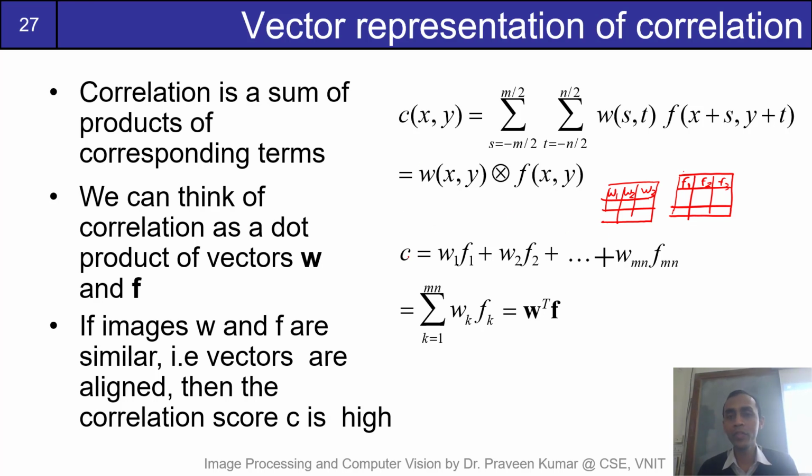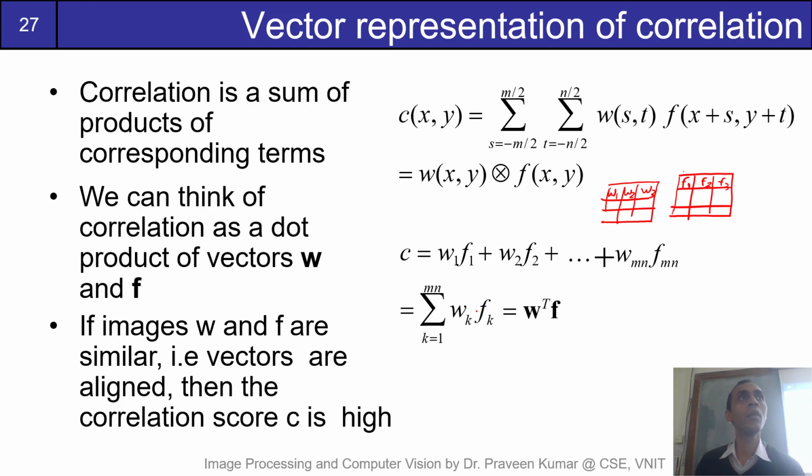So we can rewrite this in a simpler form as w1 f1 plus w2 f2 and so on, because we will be doing the corresponding products. If we treat w and f as vectors with components w1, w2, w3 and so on, then this is the same as a scalar dot product of those two vectors, isn't it?